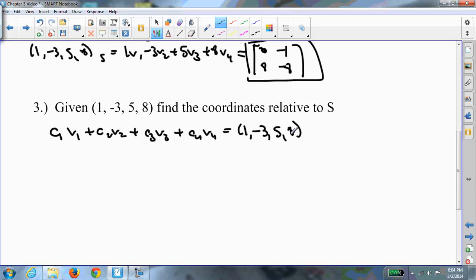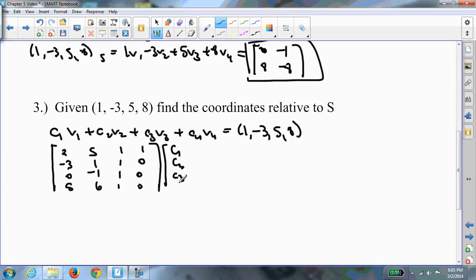So I'm going to stretch this out, make this 2, negative 3, 0, and 5, 5, 1, negative 1, 6, 1, 1, 1, 1, and the new one I defined, 1, 0, 0, 0, times C1, C2, C3, C4 equals 1, negative 3, 5, 8.